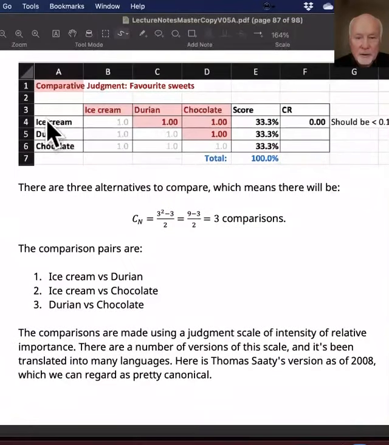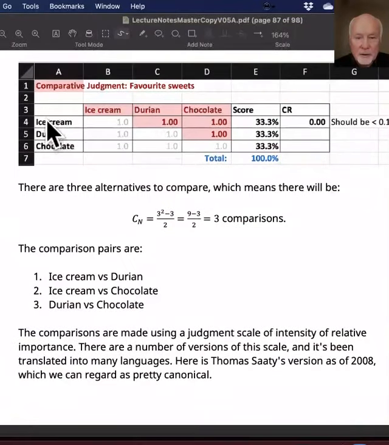Everyone with me so far? Let's push on. The next one is ice cream versus chocolate. In this case, I say chocolate is more than strongly preferred over ice cream, but not very strongly preferred. If we go back and look at the scale, we'll see that there's an intermediate thing here, which he calls strong plus. That's between strong importance and very strong importance, and that gets an intensity rating of 6.